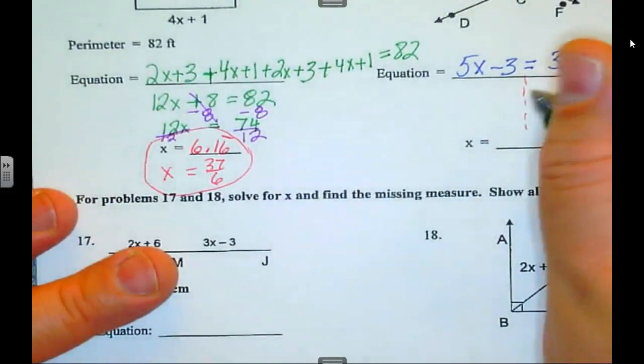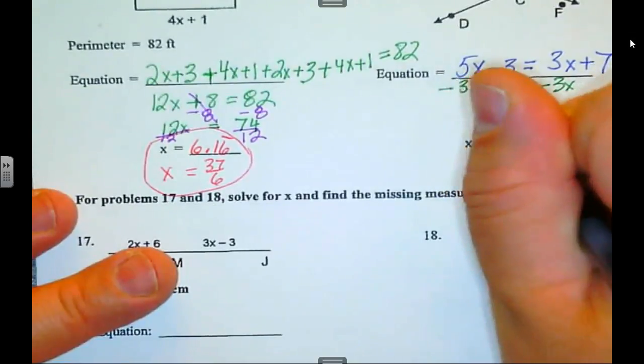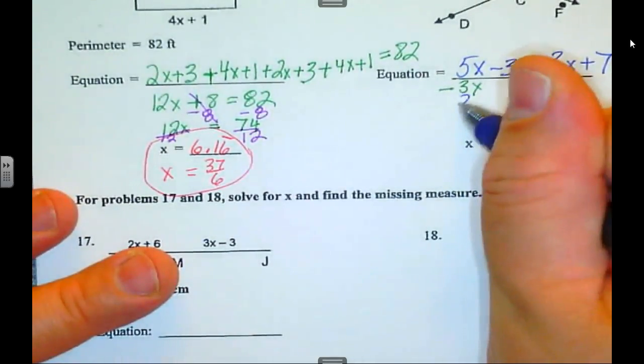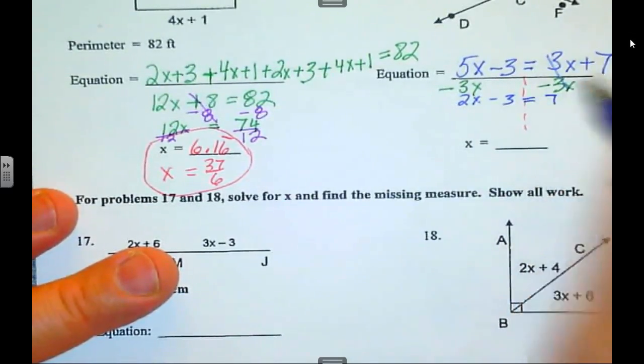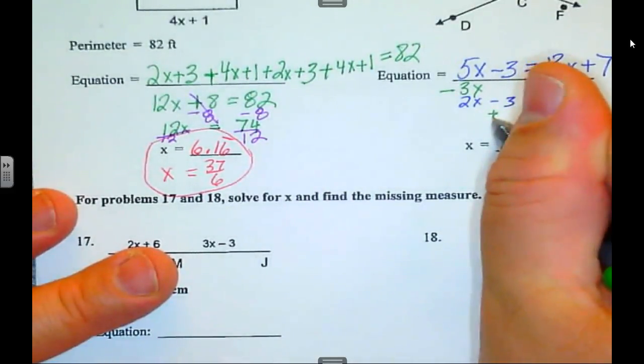Subtract 3x. 2x minus 3 equals 7. Yeah. Add 3. Do you want us to solve for BCD and ECD?